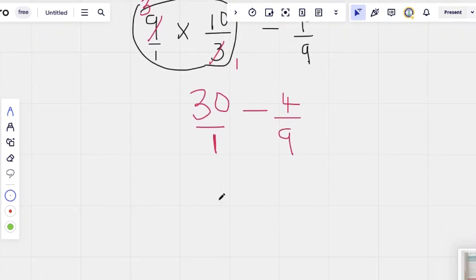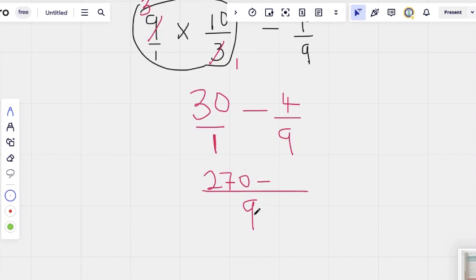If we find the LCM of 1 and 9, it's 9. 9 divided by 1 is 9. 9 times 30, because 9 times 3 is 27, so you write 270.